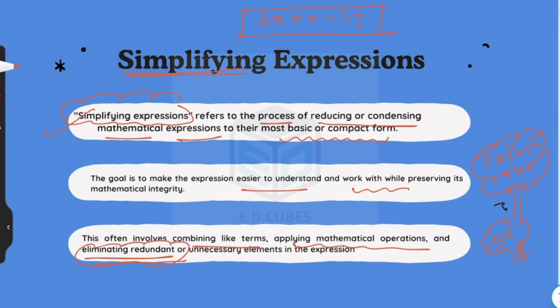So let's say this expression gives a value a. If we don't keep 0, the value is going to remain the same. 2x minus 3y will also give the value a itself. That means we have eliminated this 0. Understood? I hope it is clear.